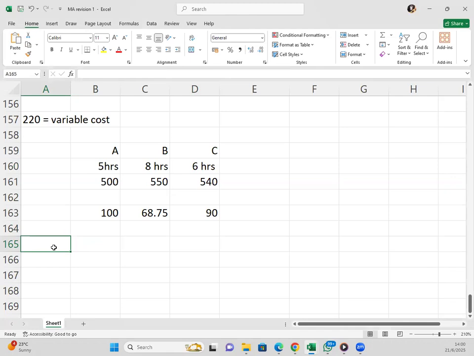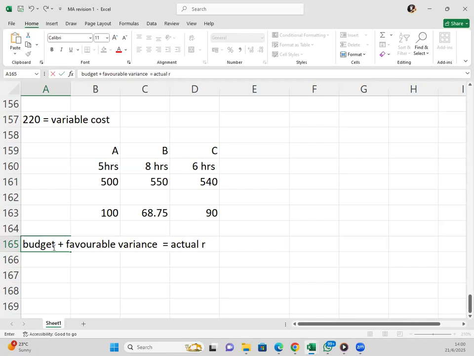So we're saying budget plus variance, or budget plus favorable variance, is equal to actual results.